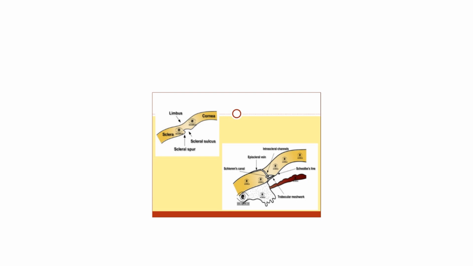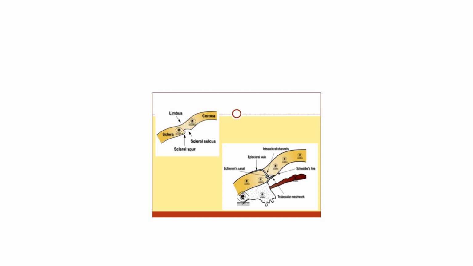Now this picture shows you cornea, limbus and the sclera. If you see the inner layer of the sclera, there is a groove here which is called scleral sulcus. This is a cross section of the eyeball. So this groove will be in a circular fashion at the sclerocorneal junction. And the Schlemm's canal lies here.